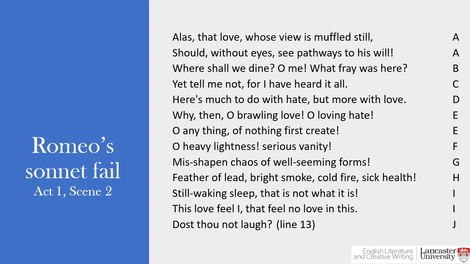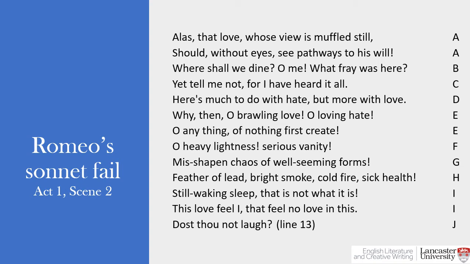"Brawling hate, brawling love, loving hate, heavy lightness, serious vanity, anything, nothing." These are all opposites that he's trying to hold in tension. But rather than creating some deeply meaningful, profound tension between opposites, it's just rather clumsy, it's rather random. Some of them make absolutely no sense.